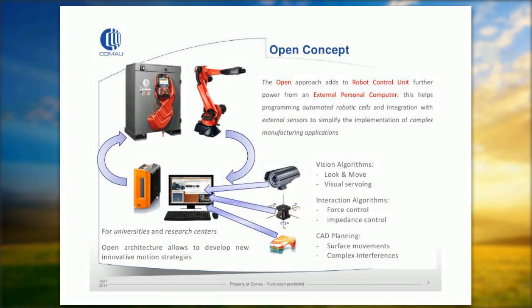So we can think of implementing vision algorithms to look and move, or visual servoing, or interaction algorithms like force control or impedance control, or also something like CAD planning for surface movements and complex interferences. Anyway, the open architecture, as we conceived it in Comau, allows developing new innovative motion strategies.